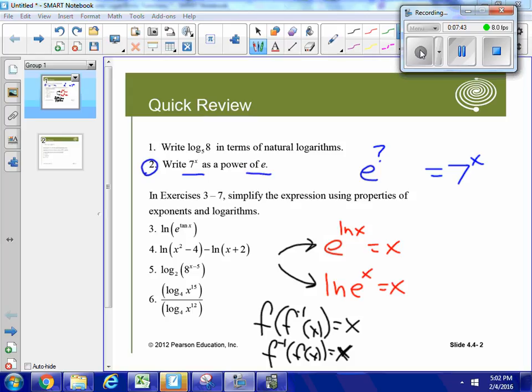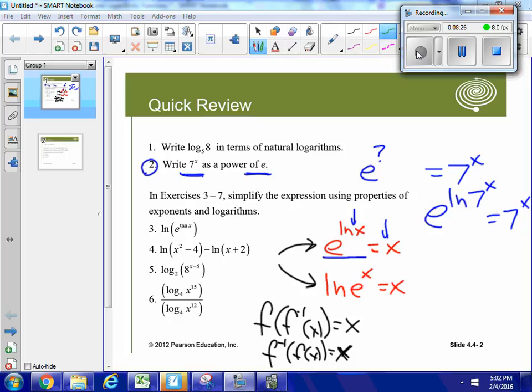Again, I'm back here, I want to write 7 to the x as a power of e. So I could say e to the ln of 7 to the x. I'm just using this one right here, and instead of just having a regular x, I have 7 to the x. So e to the ln of 7 to the x is equal to 7 to the x. But there's another property I can use to simplify it even more. You might remember this.